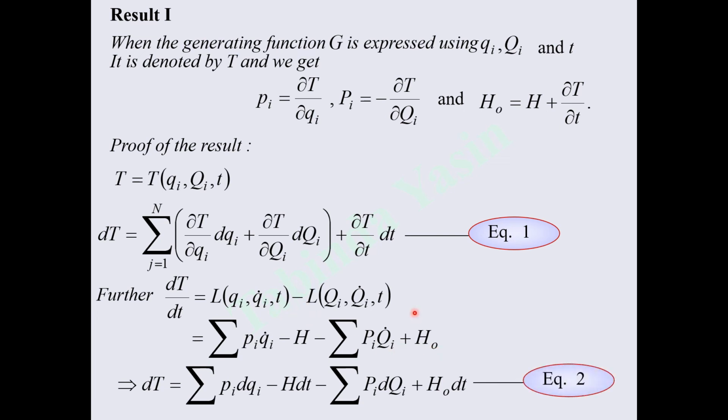As there is the minus sign, there is the plus sign. So dT is equal to summation pi dqi minus H dt minus summation Pi dQi plus H naught dt. That is equation number 2.